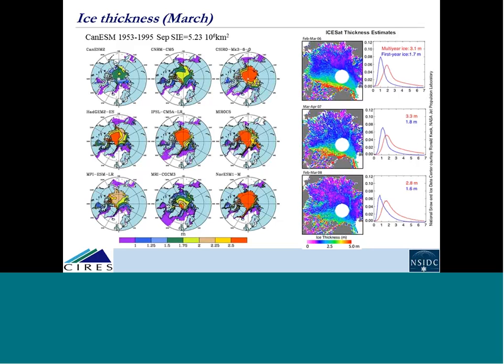There tends to be thicker ice in the observations up against the Greenland coast and the Canadian Arctic archipelago. We tend not to see that at all in any of the models. Maybe a little bit in CNRM at the top, middle of the top row, and maybe a little bit in MPI, but we don't see this Greenland to Siberia gradient across the Arctic. So we're not really capturing that spatial distribution particularly well.